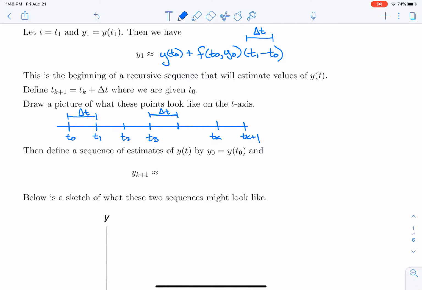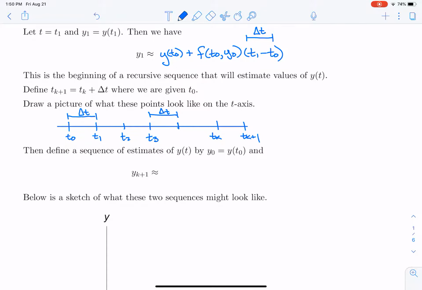Then I'm going to use tangent line approximations to approximate the solution to the differential equation. So I'm going to define a sequence of estimates of y of t, and I'm going to call them yk plus 1. Yk plus 1 is supposed to approximate y of tk plus 1.